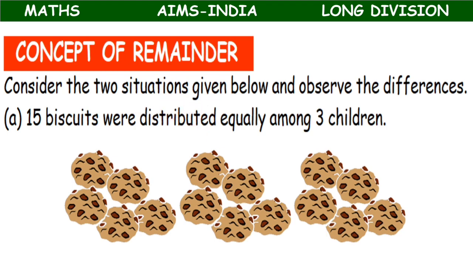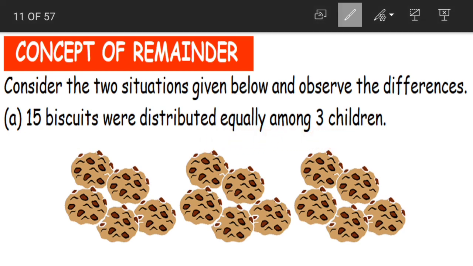Now coming to the concept of remainder. What is this remainder? Consider two situations given below and observe the differences. 15 biscuits were distributed equally among 3 children. We had 15 biscuits and we divided them equally among 3 children. 15 divided by 3. How much?